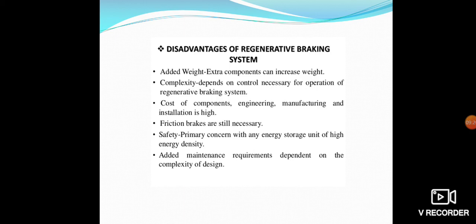With the increasing weight and complexity in structure, the maintenance required also increases, and it works only on the drive wheels. The regenerative brake system does not provide sufficient force to stop the vehicle, so it always requires a backup friction brake. It is not used as a single brake system, and is not useful for completely decelerating the system.